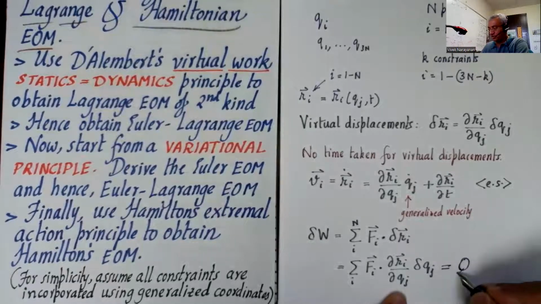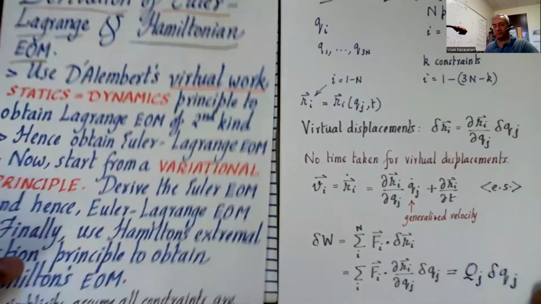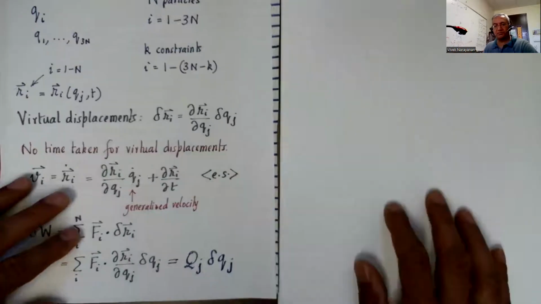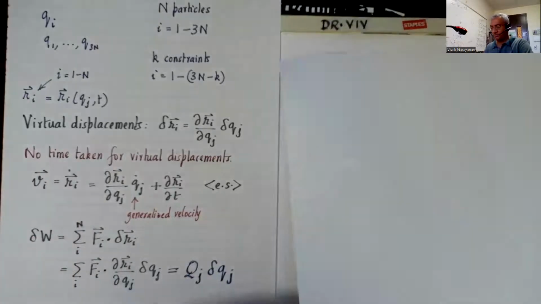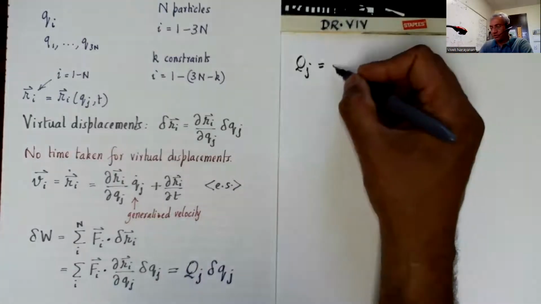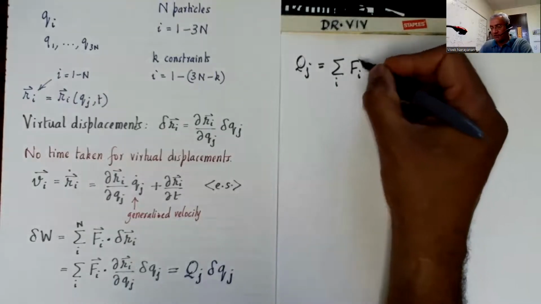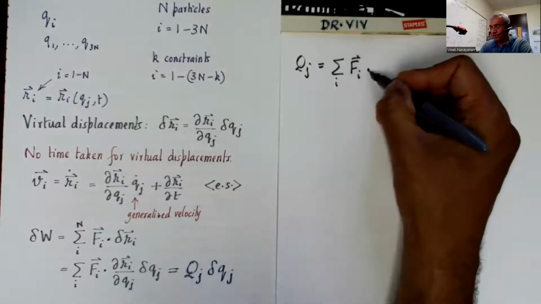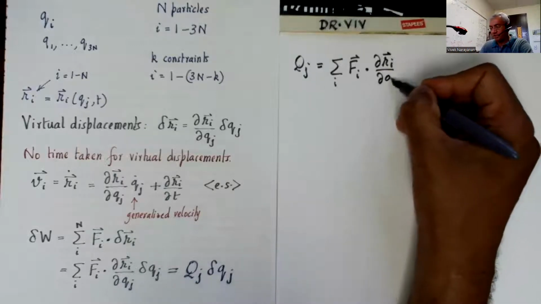So this is Q sub j delta Qj, where Q sub j is given by the sum over all i of Fi dot del Ri over del Qj.